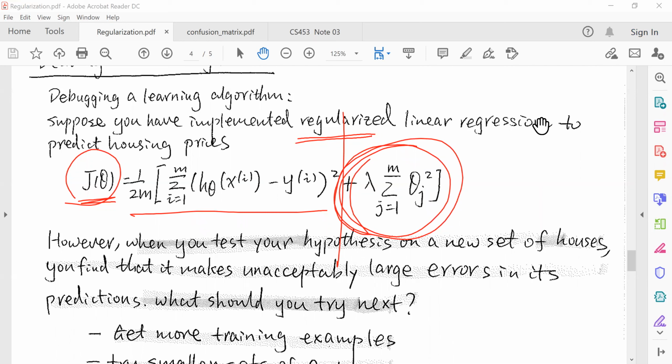You add this term to penalize the weights. That's why we call this regularization.